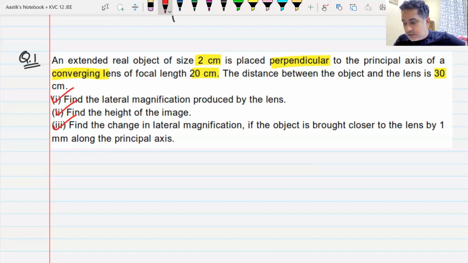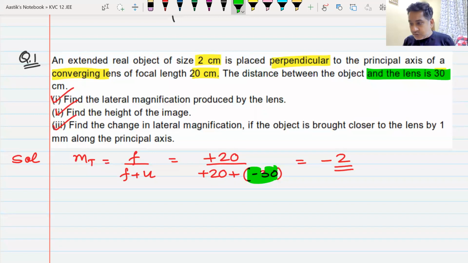How many of you got this answer? Please raise your hands so that I understand that we understand. Sir, once repeat again. U, the object distance, is negative now, beta. U is negative. It's a real object. We have to use the formula with proper sign convention. Do we understand this?